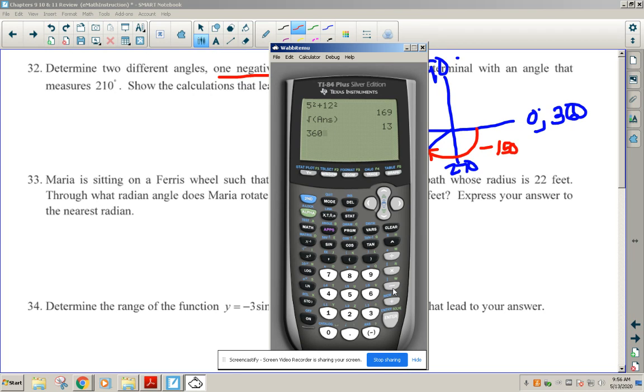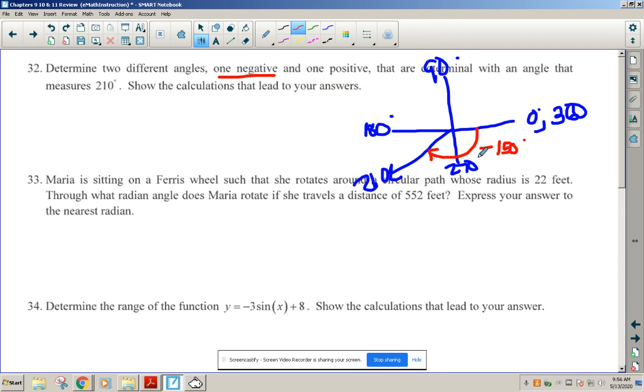And if I subtract 150, I'm coterminal with 210. So there's my negative answer, negative 150. So that's my red. Now let's do a positive. Well, a positive rotation would mean I need to loop around at least once to 360 and then go to 210.